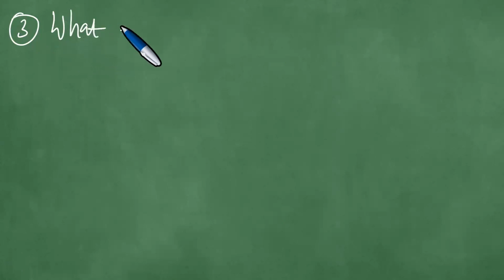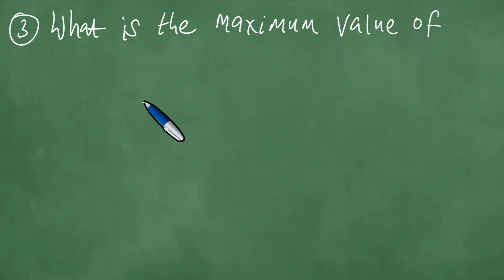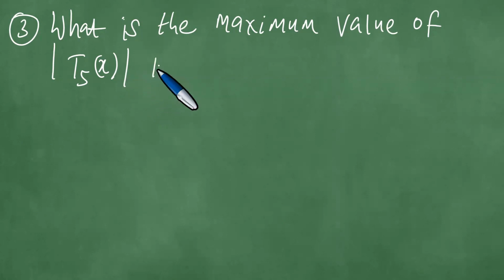What is the maximum value of T sub 5 of x in the interval?